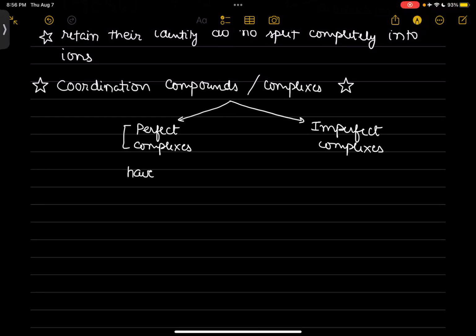Perfect complexes have a high formation constant, okay. That means they are very stable, and the formation constant is the equilibrium constant, right?